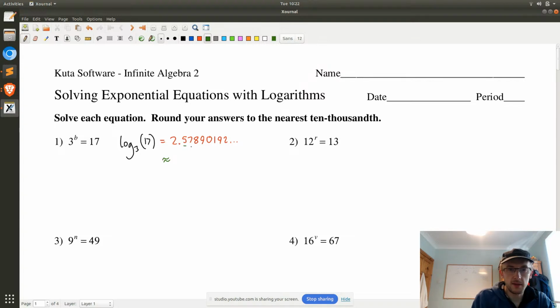So there's to the nearest 10th, 100th, 1000th, 10,000th places. So we say 2.5789.